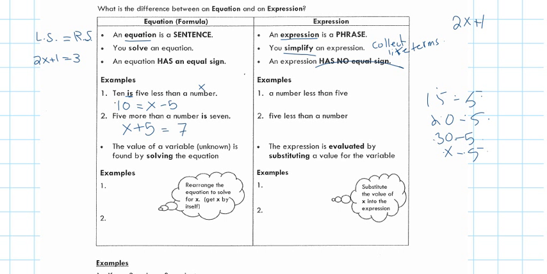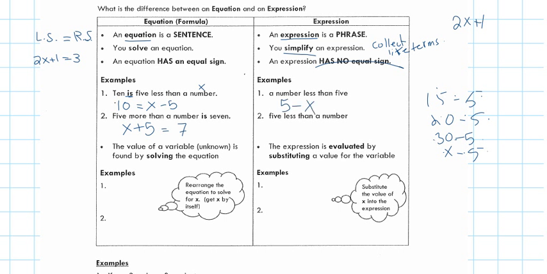Now, look at the difference between the sentences here. This phrase, a number less than 5. So you're going to start with 5, and then you're going to take away a number from it.